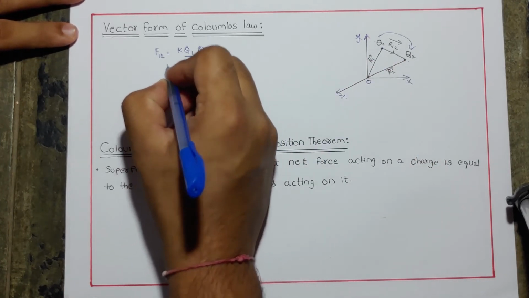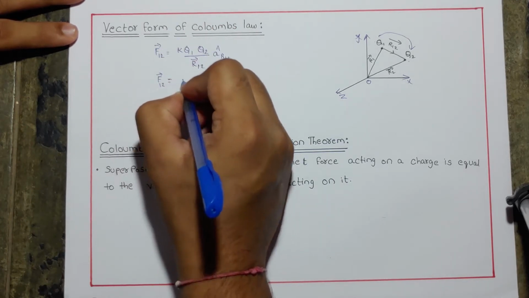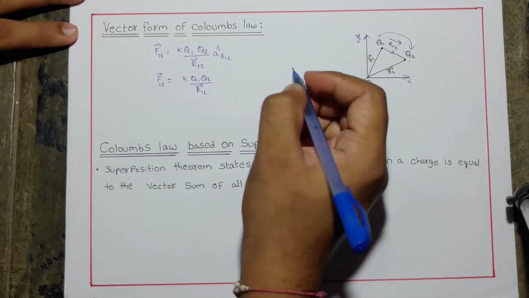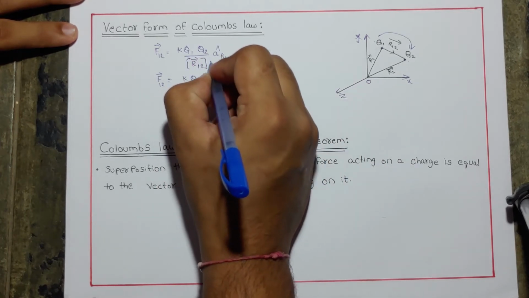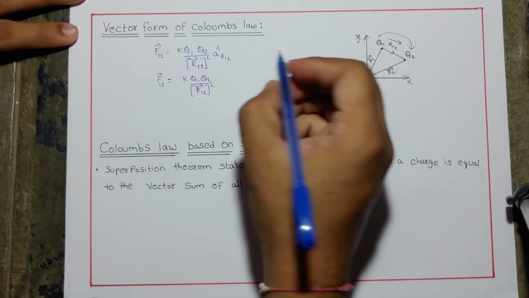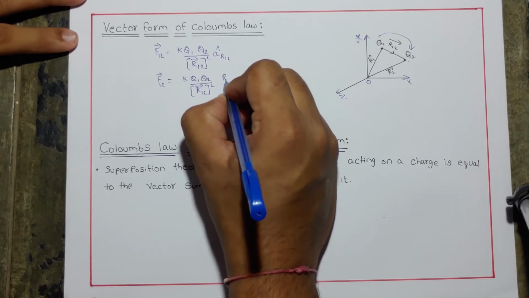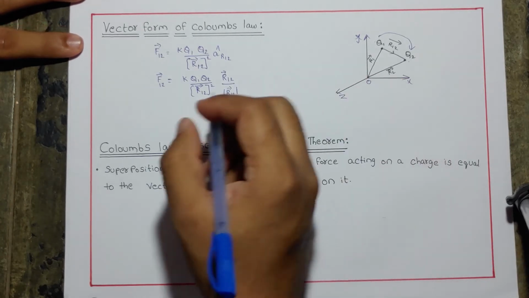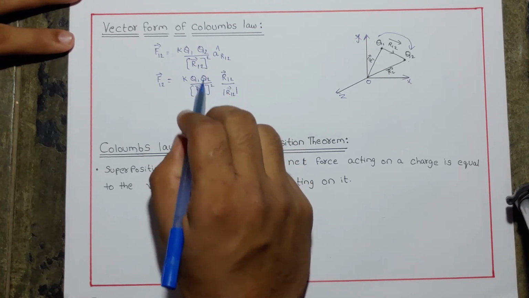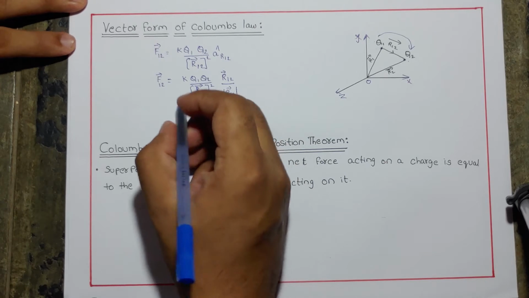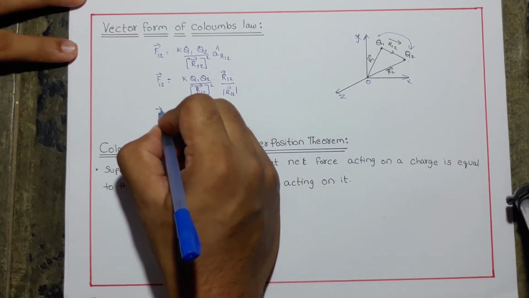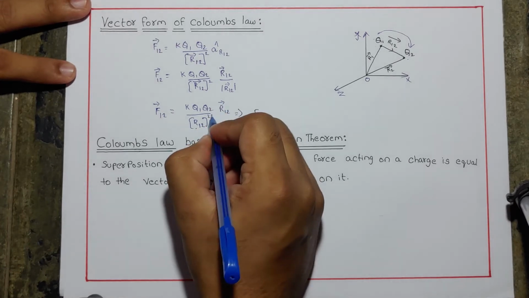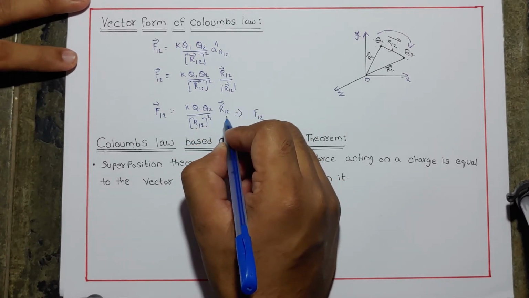So F12 is equal to K times Q1 Q2 by R12 square, and the unit vector can be replaced by the vector divided by its magnitude. Multiplying these, F12 is equal to K times Q1 Q2 by R12 cube, multiplied by the vector R12.